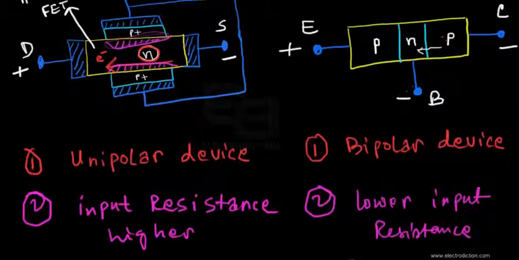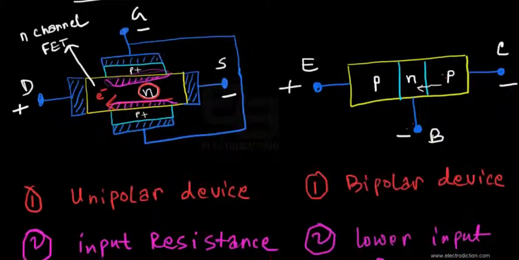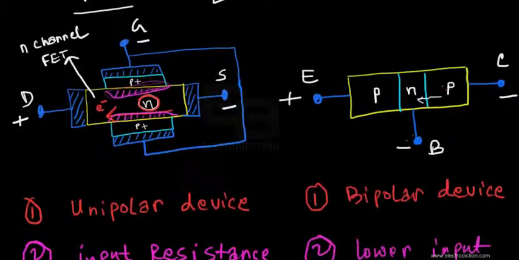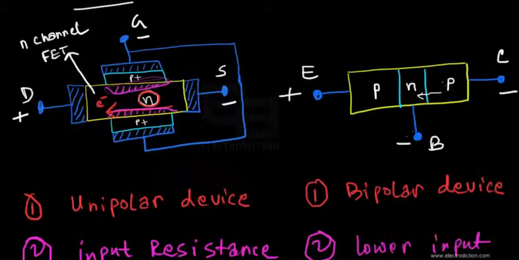And now if we take another look at the diagram, we find another difference. From our first point of difference, the FETs are unipolar devices and the current conduction basically takes place primarily due to a single type of carrier, compared to the BJTs, and they don't need to pass through any kind of junctions as such.